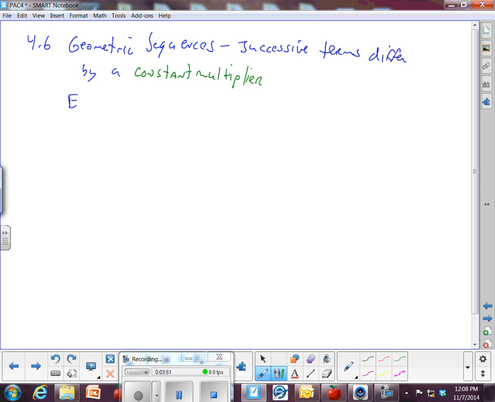So let's do an example, and we'll put that sequence up here. 4, 8, 16, 32, 64, and we'll make it an infinite sequence. In this one, the constant multiplier is 2, right?